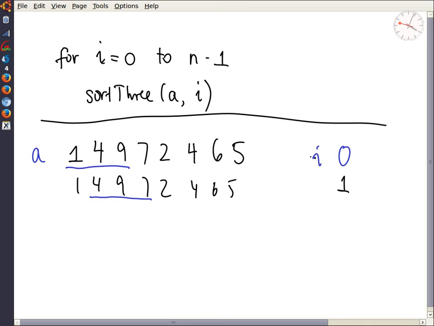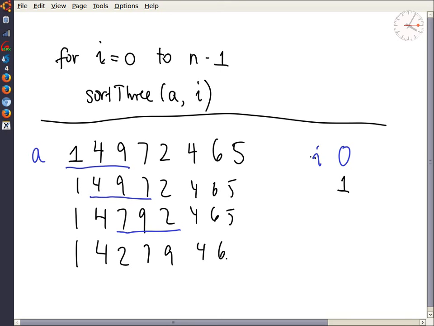And so let me do that. So we have 1, 4, 7, 9, 2, 4, 6, 5. And then we sort these 3 here, and we get 1, 4, 2, 7, 9, 4, 6, 5. And so on.